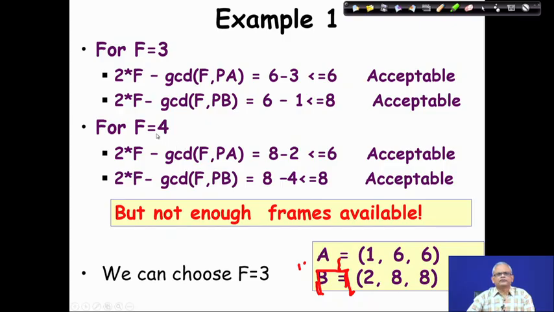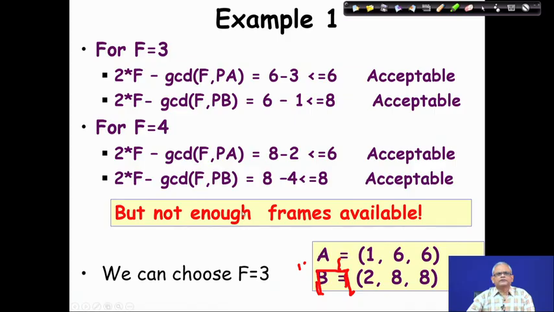Now, let us look at f equal to 4. Again we use these two expressions, and we find that both of these become acceptable. But then the number of frames available is 24 by 4, which is 6 frames, and we cannot schedule 7 task instances in 6 frames.